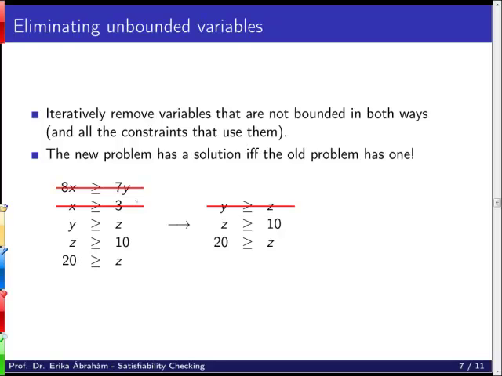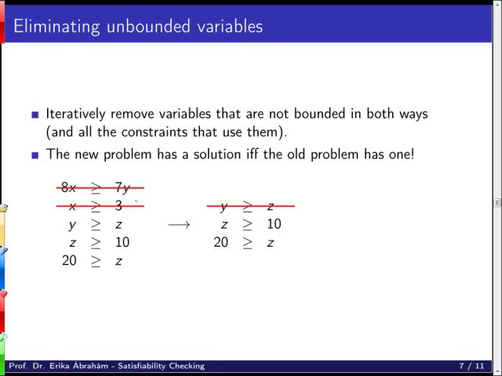What about the rest? Yeah, since there is only one variable left, we can now check whether the equation holds. And of course, there is a solution from that, and so there is a solution for the whole system.